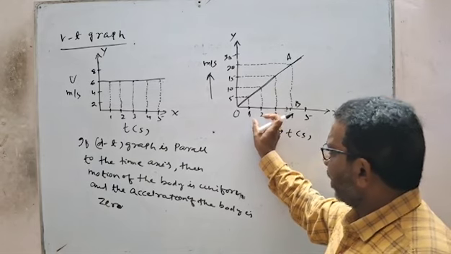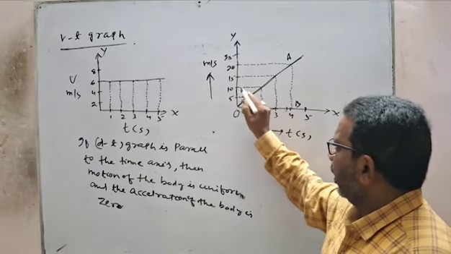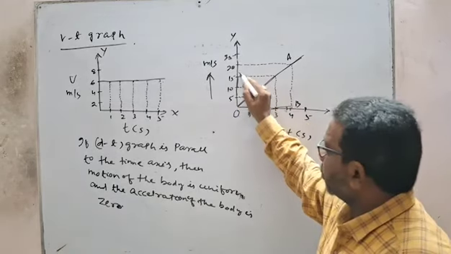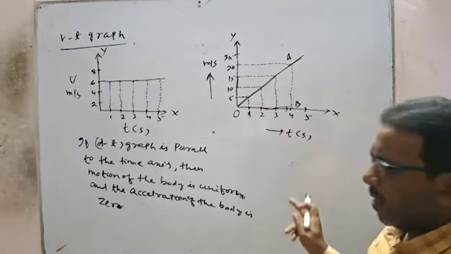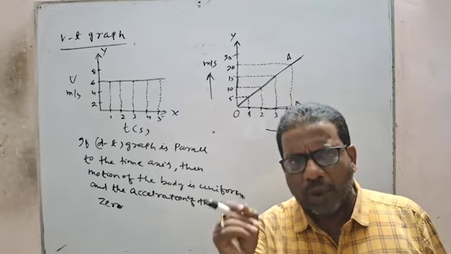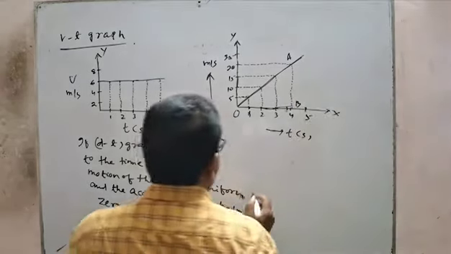From 1 to 2 seconds, it increases by 5. From 2 to 3 seconds, it also increases by 5. From 3 to 4 seconds, it also increases by 5. That means the velocity of the body increases by equal amounts in equal intervals of time.